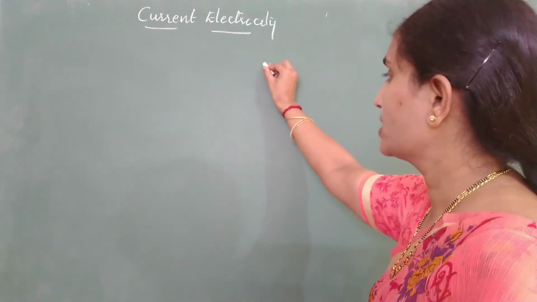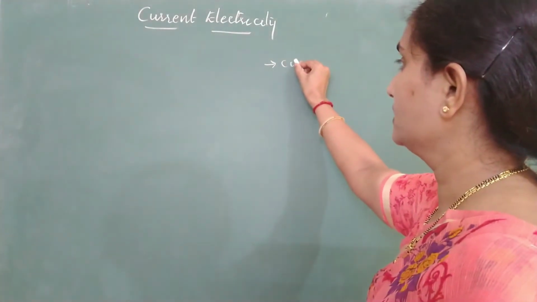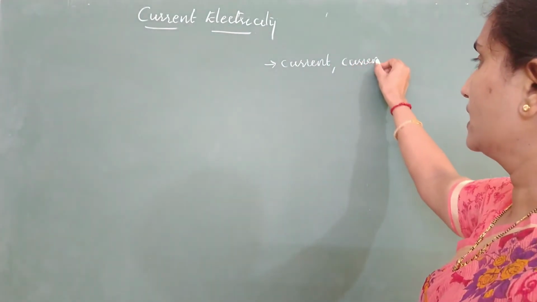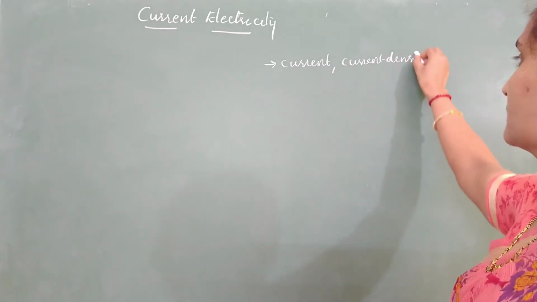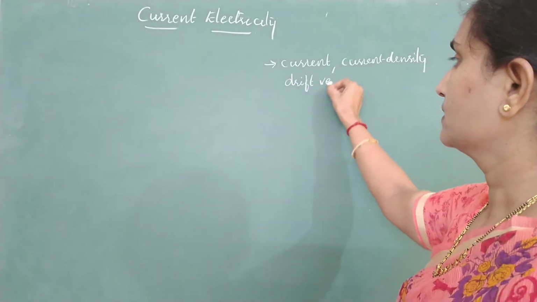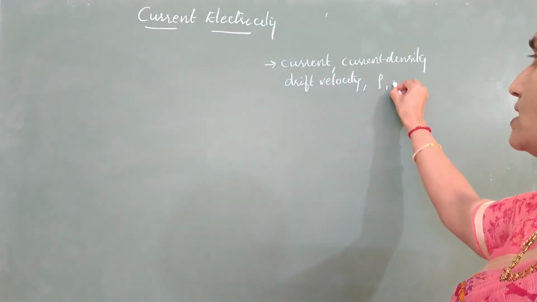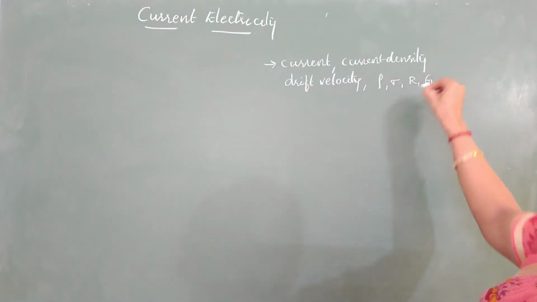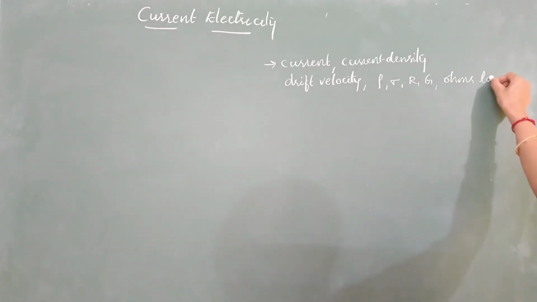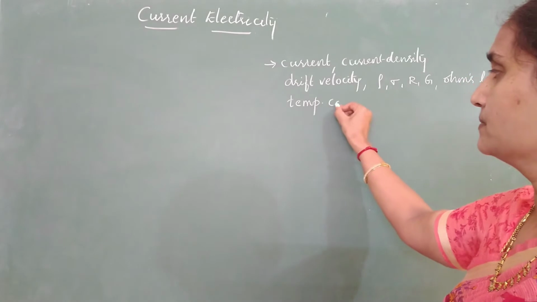You may get questions related to all the definitions and terms, like what is current: electric current, current density, drift velocity, drift and thermal velocities, then resistivity, conductivity, resistance, conductance, Ohm's law, temperature coefficient of resistivity.